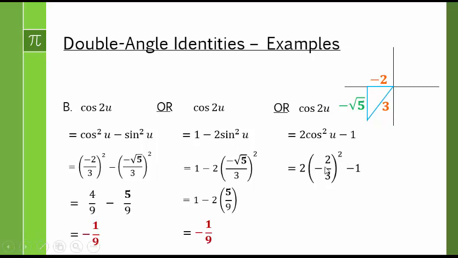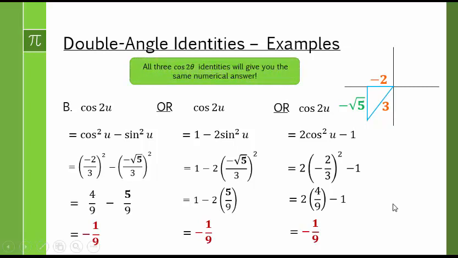We square the fraction, so we have 2 times 4/9 minus 1. And again, we got that 1, just like we did prior, that needs to be rewritten with that common denominator of 9. 8/9 minus 9/9 gives you negative 1/9. All three cosine of 2 theta identities will give you the same numerical answer.